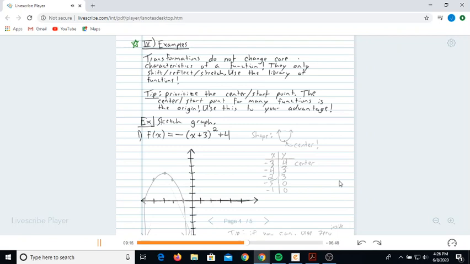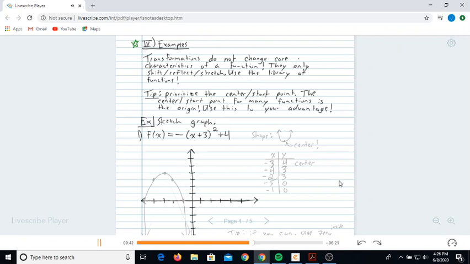And if you are graphing transformations, a great strategy is to prioritize the center/start point. For many functions, the center point is the origin, right? If you're talking about a square function, square root function, cube root function, cube function, absolute value function, all of these are centered or start at the origin. Use that to your advantage.